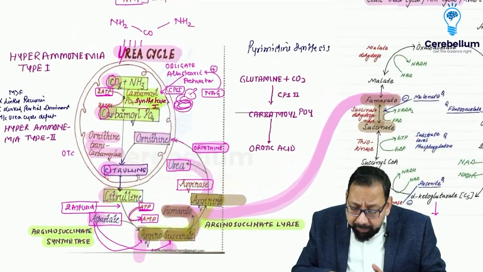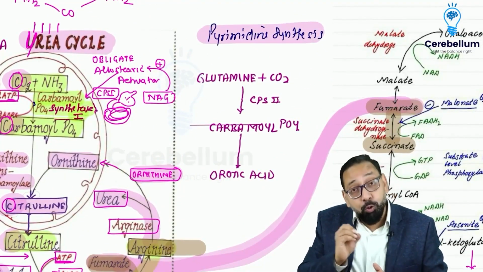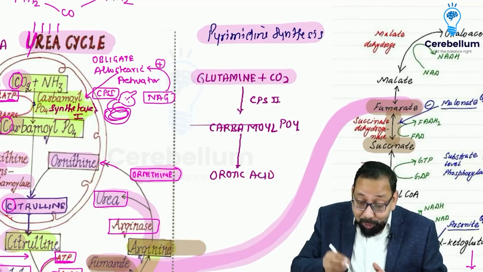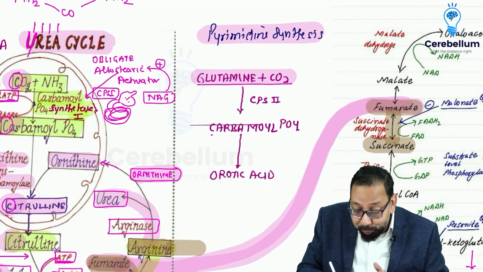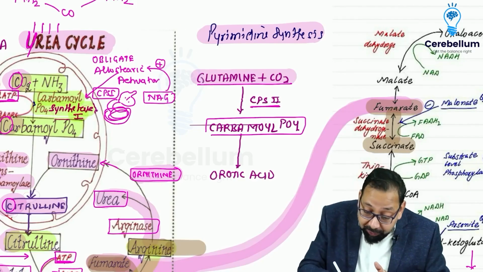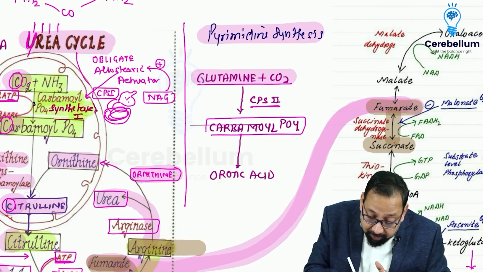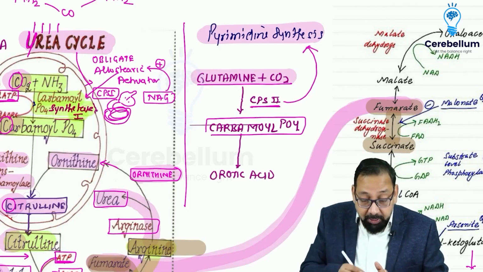We found that pyrimidine synthesis occurs in the cytosol and mitochondria also, but the initial steps occur in the cytosol. In pyrimidine synthesis, glutamine binds with CO2 to form carbamoyl phosphate by CPS2. So the question is asked: CPS1 is used in the urea cycle, CPS2 is used in pyrimidine synthesis.